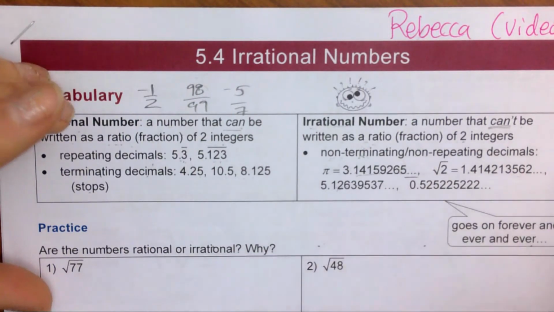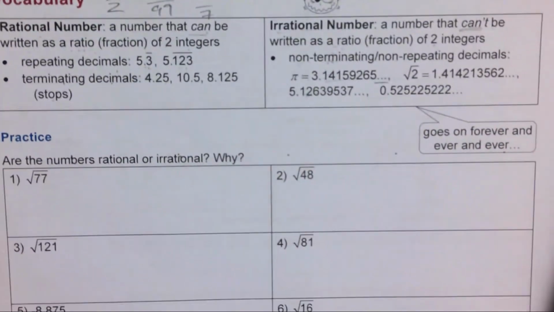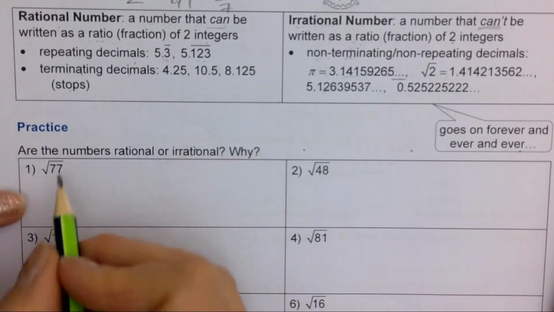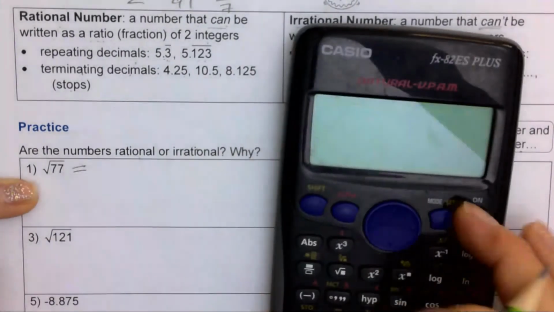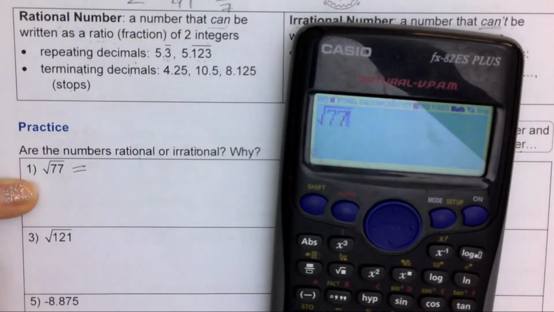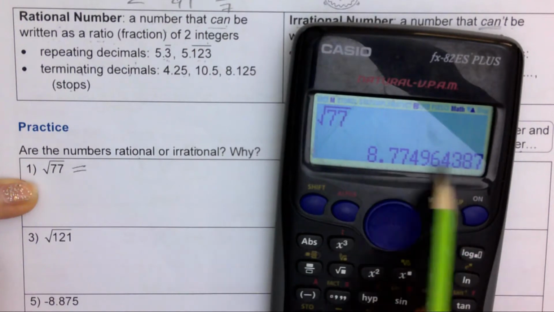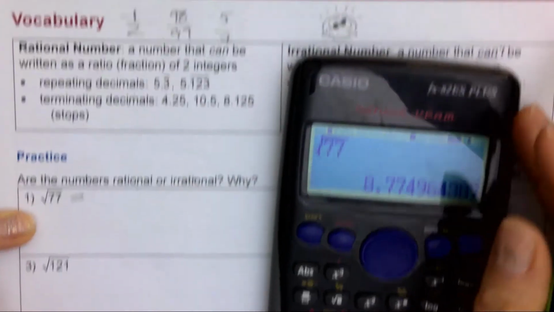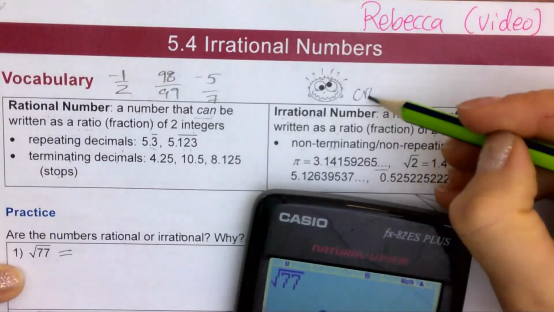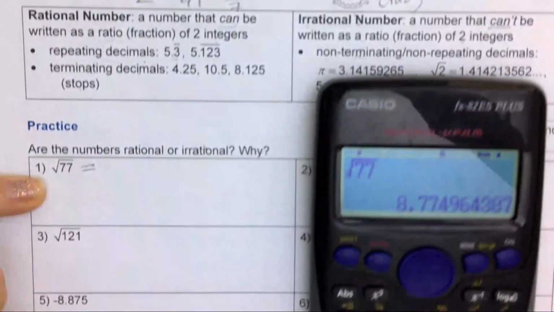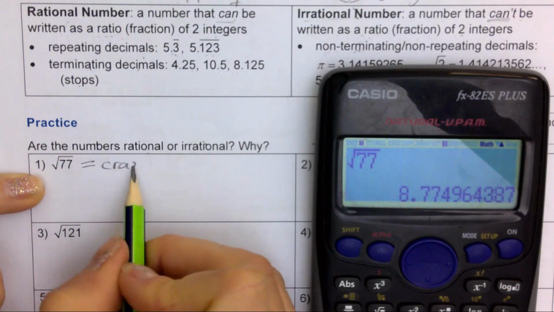So let's look at these. Are the numbers rational or irrational, and why? So let's put in our calculator, square root of 77. That's not pretty. It's like a crazy number. Anything that looks crazy is an irrational number. So this is equal to some crazy number.